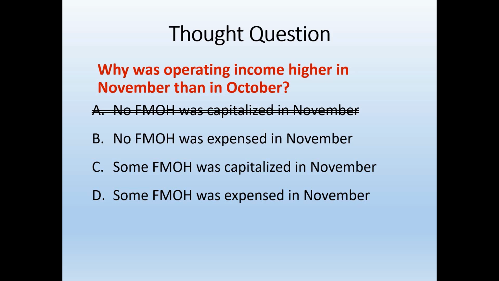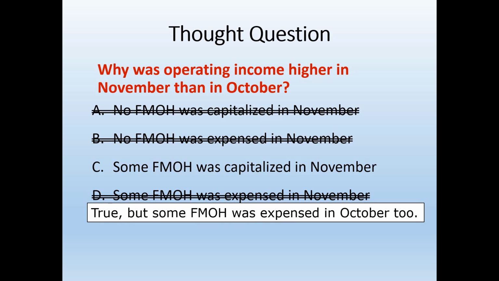Answer A can't be right because we just saw that $16 of allocated fixed overhead was capitalized in each unsold unit in November. Answer B can't be right either because for the units that were sold, $16 of fixed overhead was expensed in November.